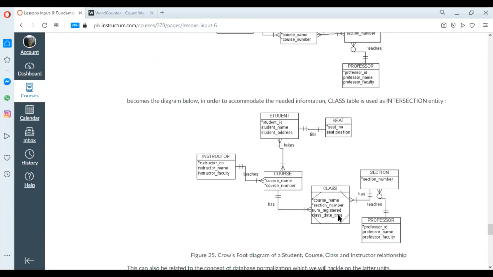Now, in order for us to have a separate link of data from the course to the class and the class to the section, we introduce the class entity.